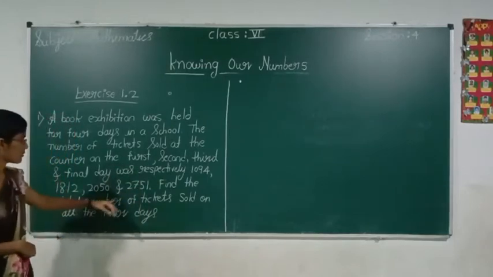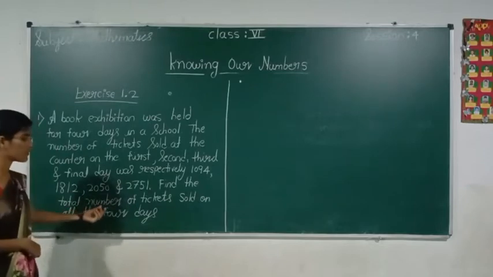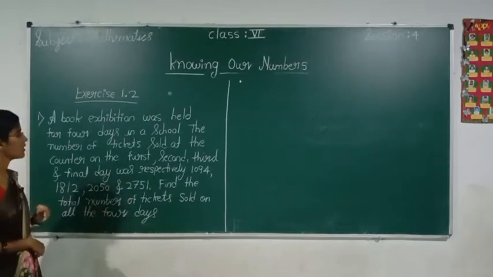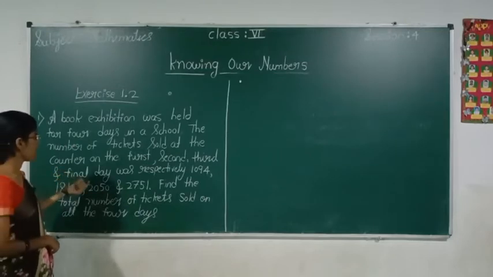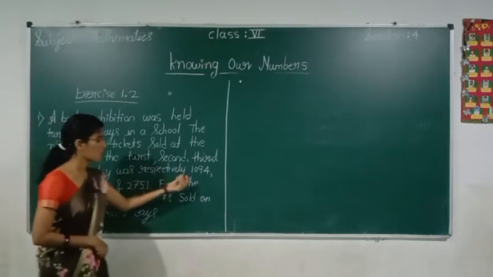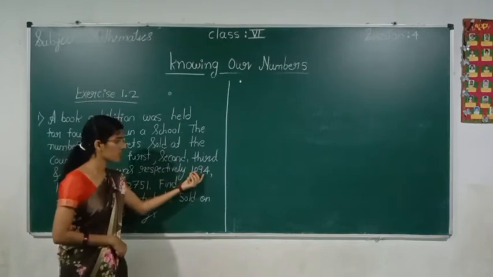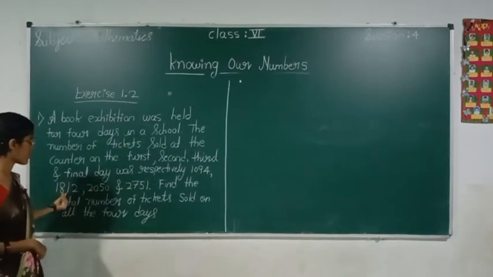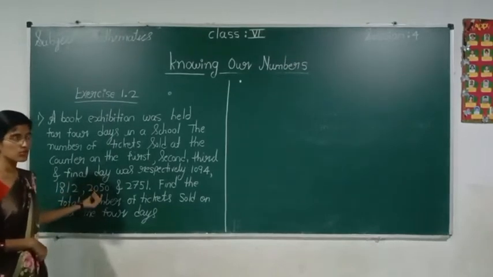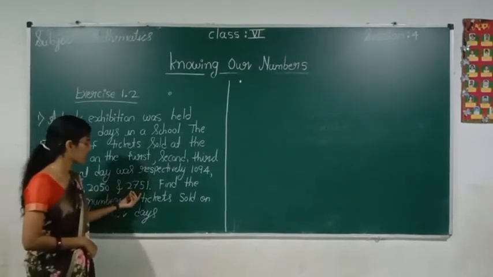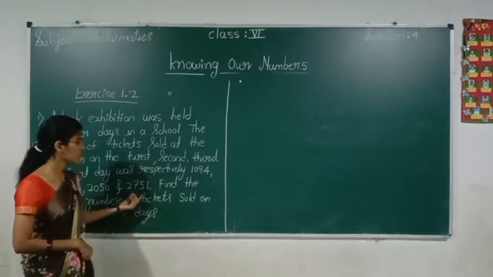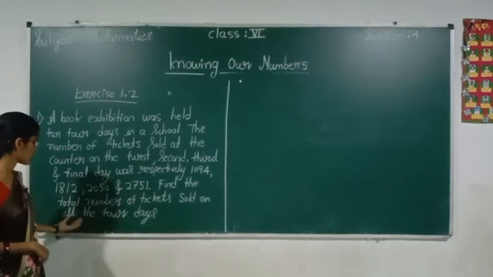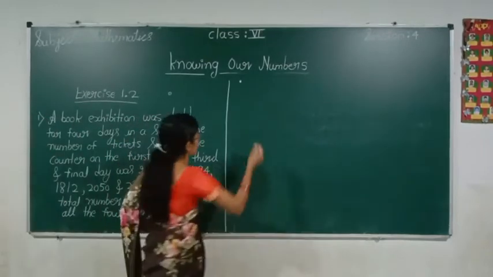Find the total number of tickets sold on all the 4 days. On the first day, 1094. In the second day 1812. In the third day 2050. In the fourth day 2751.